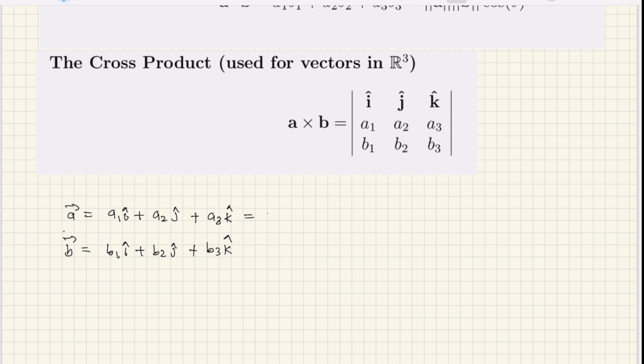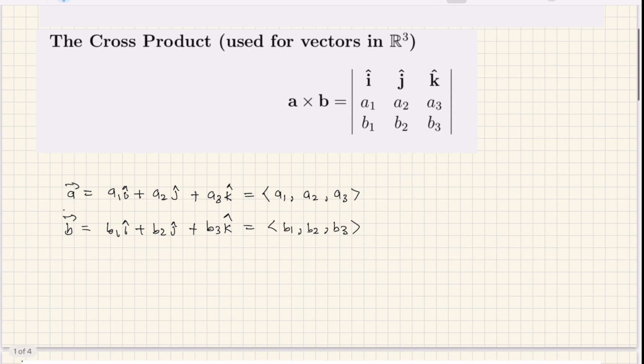I can write this using the angular brackets notation, which is just given by the components. So I'll just write the components a1, a2, and a3, and this can also be written as b1, b2, and b3.